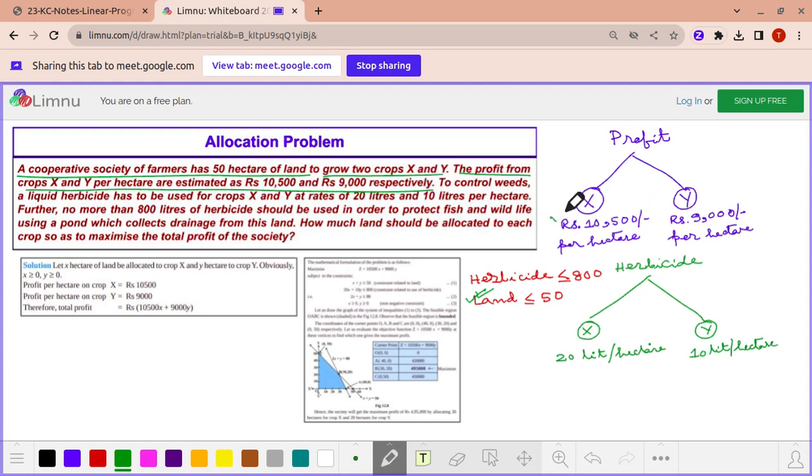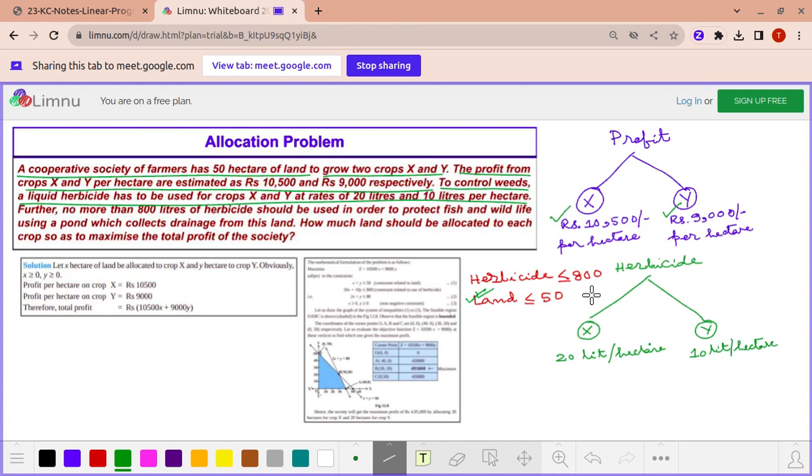Whatever we have written here. Okay. Next one is that to control weeds, a liquid herbicide has to be used for crop X and Y at rates of 20 liters and 10 liters per hectare.